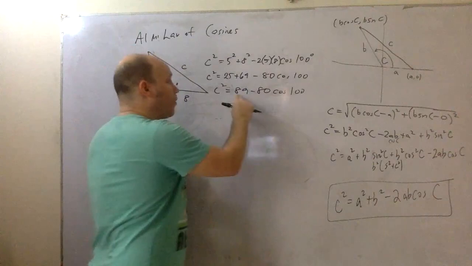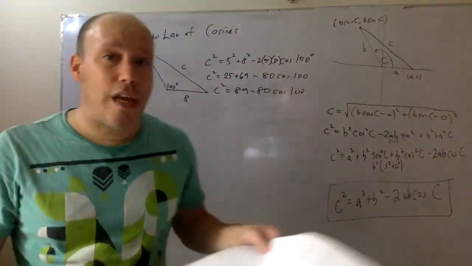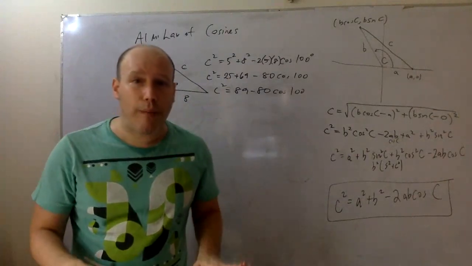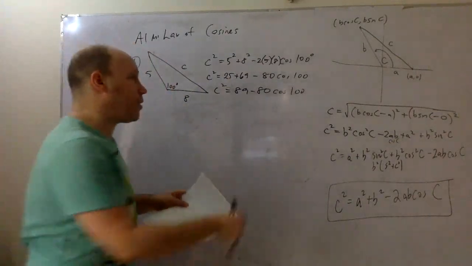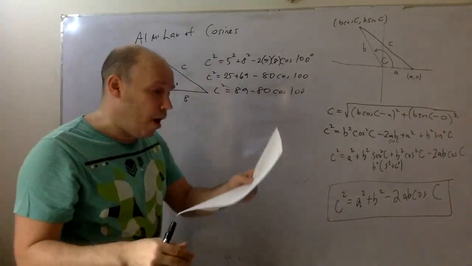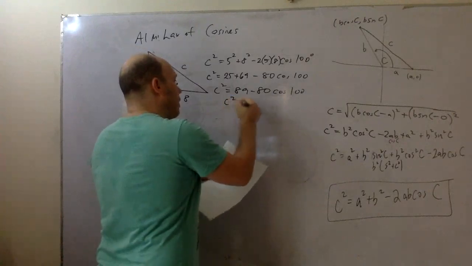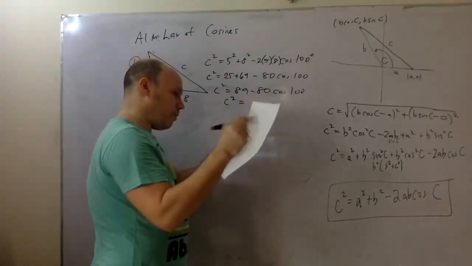At this point, you have to put this whole thing in the calculator. Once again, if you have cosine 100, you know it's a calculator problem. Do not write 9 cosine 100. Do not do that.